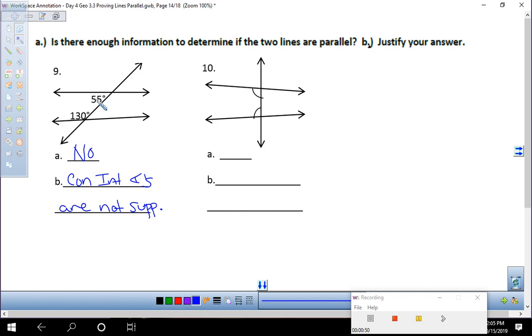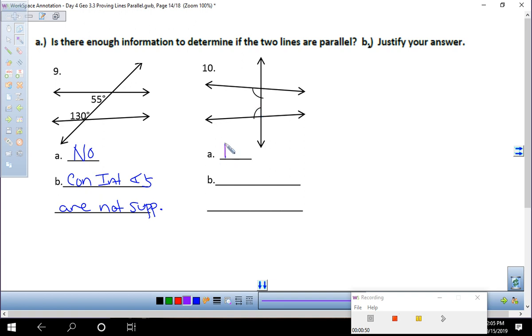Alright, number 10. Number 10 tells me that I've got 2 angles, consecutive interior again, and it tells me that they are congruent, but in order for these to be parallel, I have to know that they're both 90, because I would have to have it equal 180. So just knowing that they're congruent is not going to be enough information.